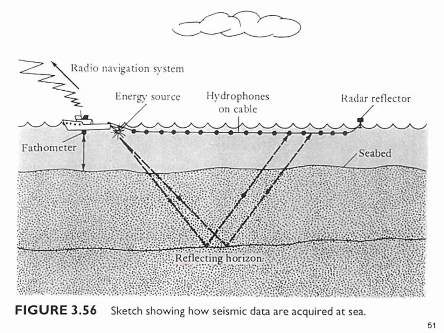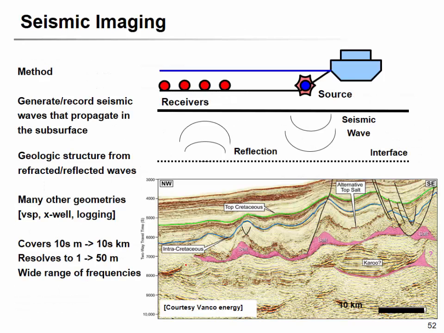You have an energy source, which could be dynamite or an air gun, and you have an array of geophones or hydrophones. You detonate the explosion here. The wave will be generated and go through, and some will be reflected to here, and some will go deeper and then be reflected at the different boundaries. Okay? So you capture the reflected wave using this hydrophone.